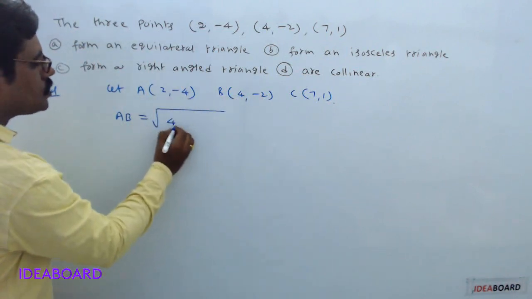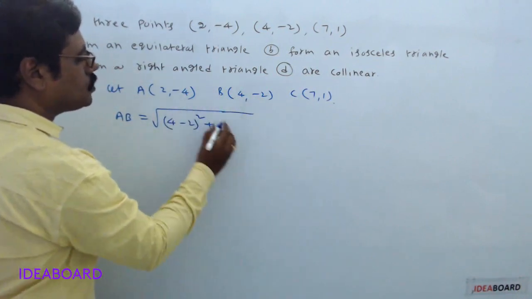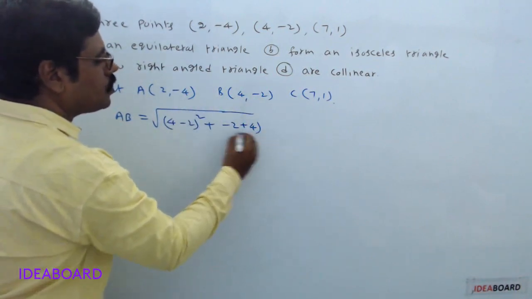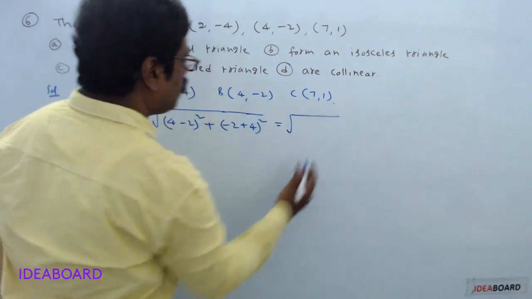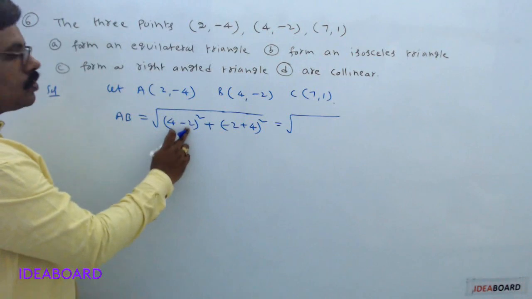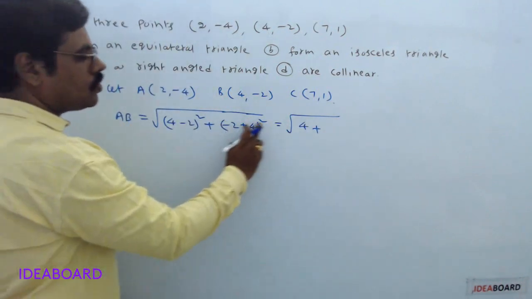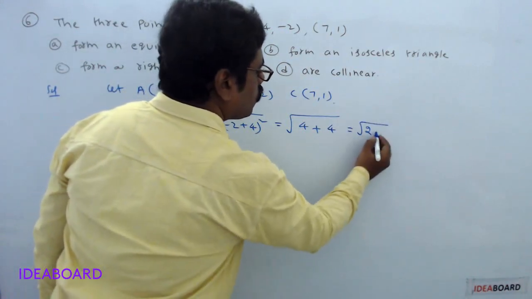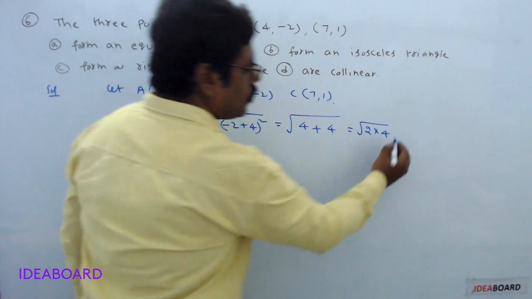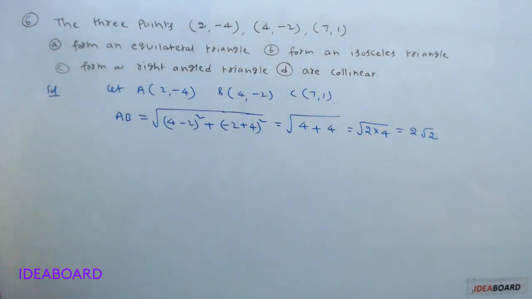It is (4 minus 2) whole square plus (-2 minus of -4, that is plus 4) whole square. It is the square root of 4 plus 4, that is 2 into 4. This is 2 root 2.